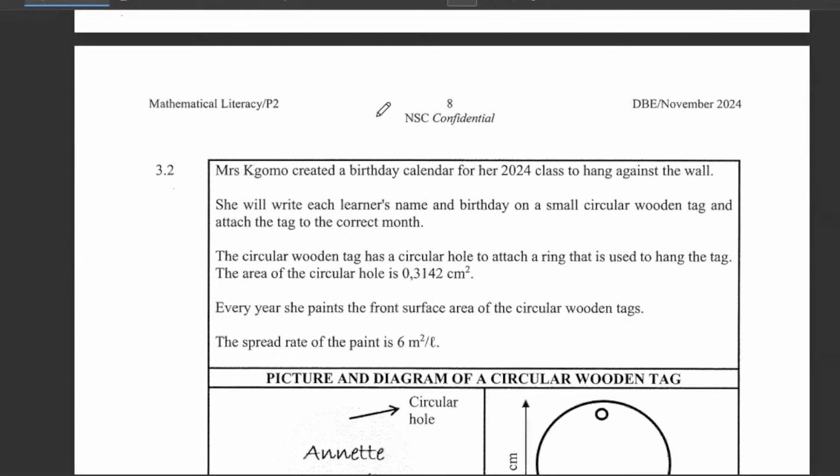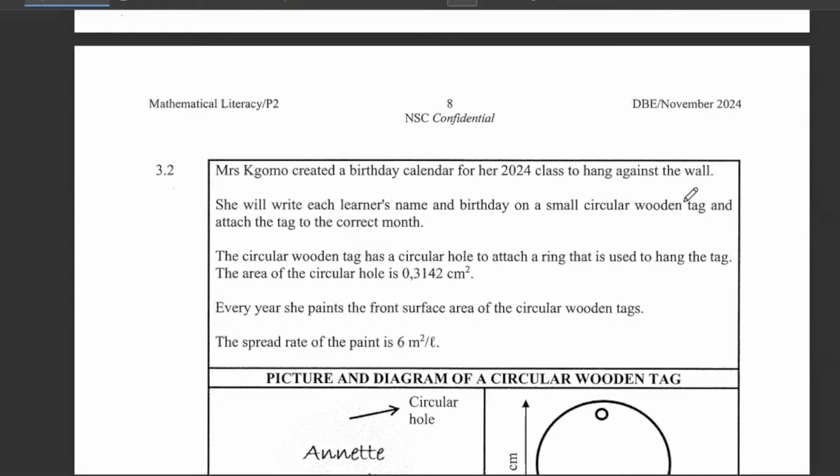3.2. Mrs. Como created a birthday calendar for her 2024 class to hang against the wall.